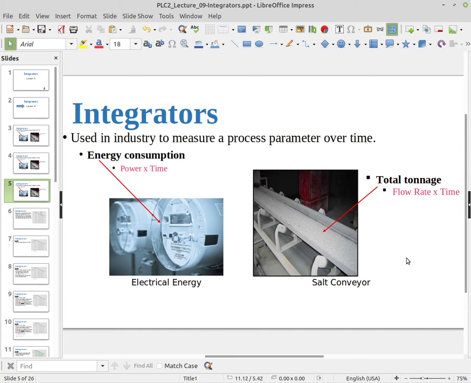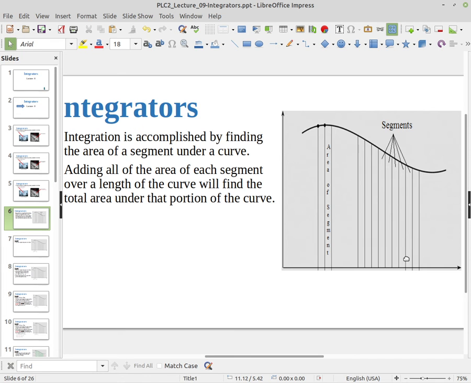A large majority of integrators are integrating versus time. It doesn't have to be versus time, but that is probably one of the most common uses of an integrator, where we're integrating versus time. So what does that mean exactly?